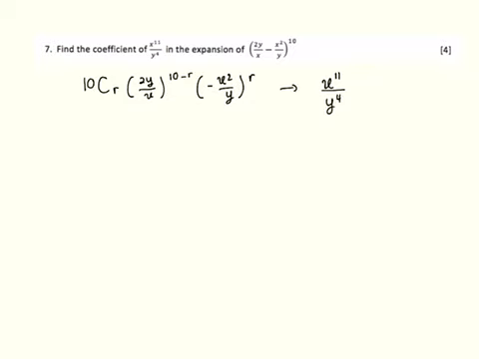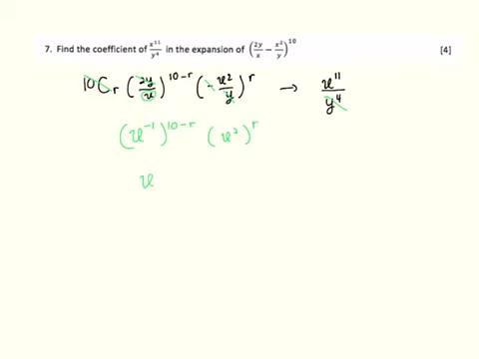Now I have two variables, x and y. Now I want to choose x only, so I focus only on x. So it means I can ignore this, this, this, and this, and this. So now focus on the x only, x to the powers of negative 1, because this x is in the denominator, to the powers again of 10 minus r, times x squared to the powers of r.